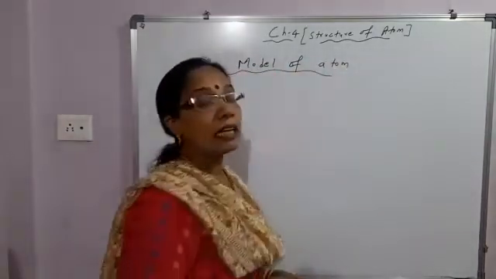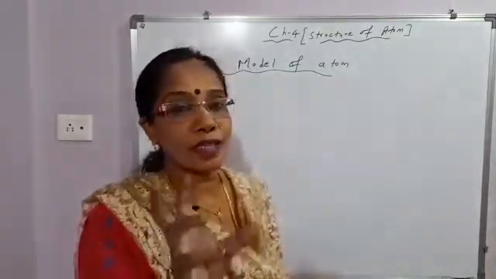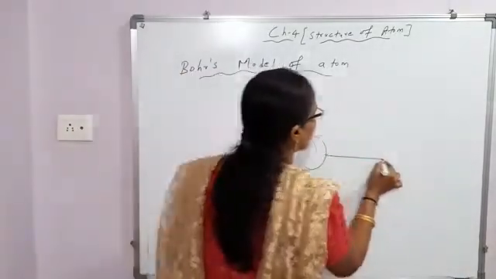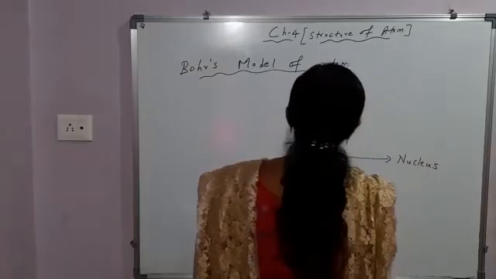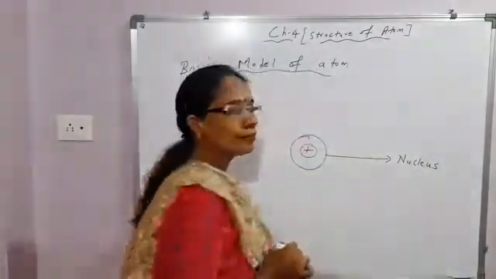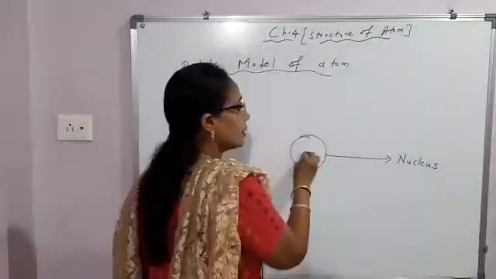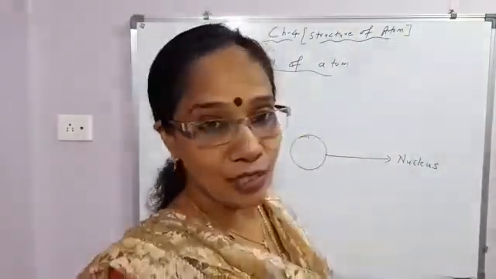According to Niels Bohr, in the center of an atom, what is present? Nucleus. In the center of the atom, what is present? Nucleus. And inside the nucleus, positively charged protons are present. Inside the nucleus, positively charged protons and neutrons, which have no charge.